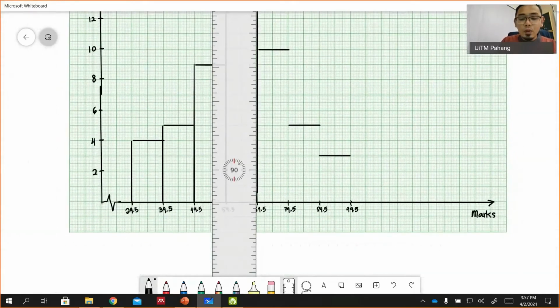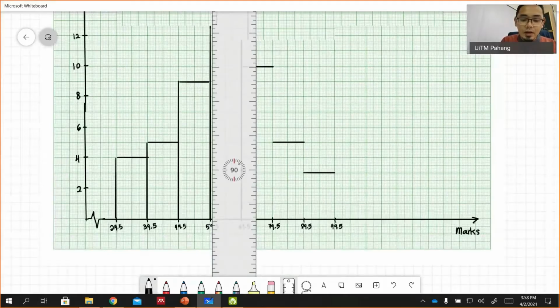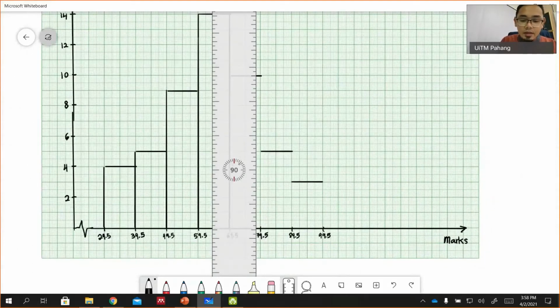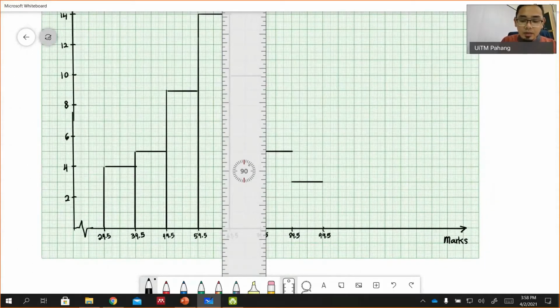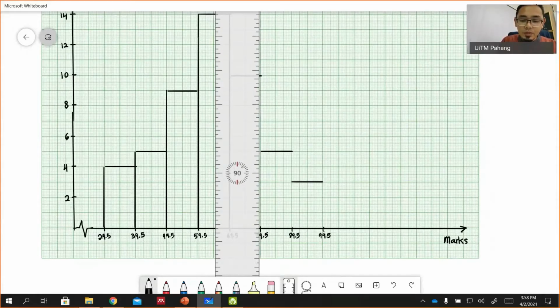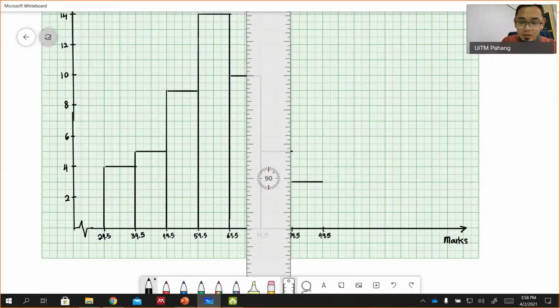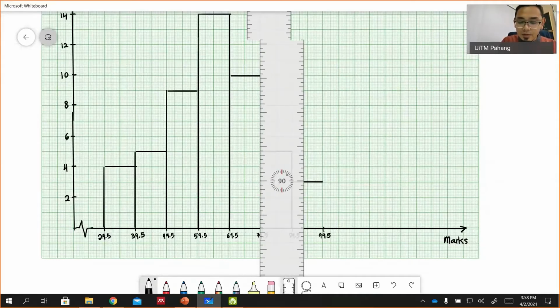But please take note that for a histogram, anything regarding drawing on your graph paper, you should use your pencil. Do not use a pen. Sketching on graph paper should use a pencil so that you can erase whenever needed.